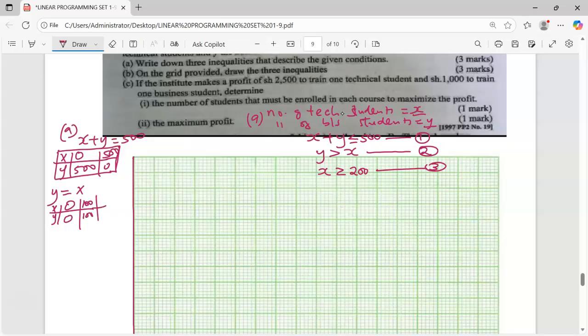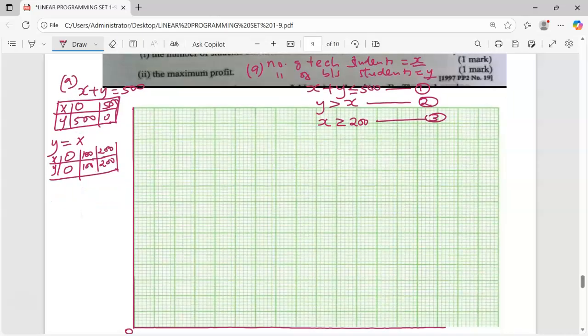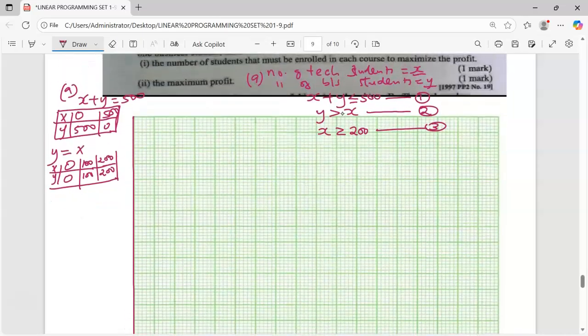And if X is 200, then Y will be 200. If X is going to be 300, Y will be 300, and so forth. Those 3 points are enough for us to draw that line. And lastly, we have X is greater or equal to 200. That one will be drawn direct.